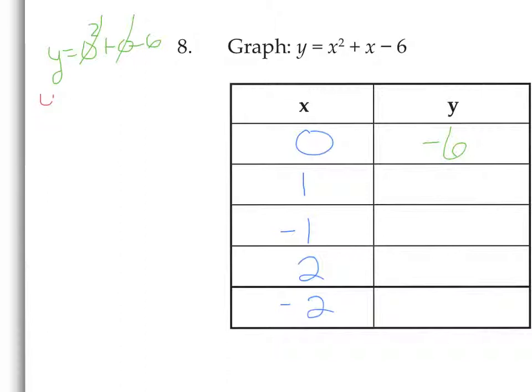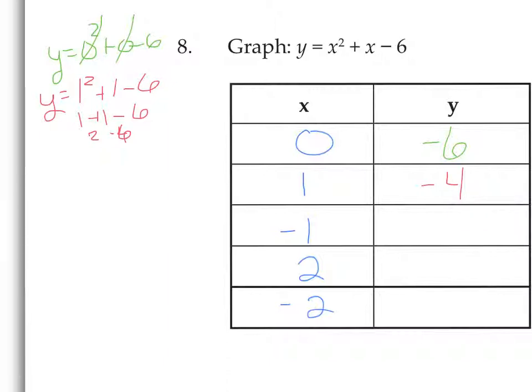Then we're going to substitute in positive 1 where we have the x's. So y equals 1 squared plus 1 minus 6. So that's 1 plus 1 minus 6. That's 2 minus 6 makes negative 4.